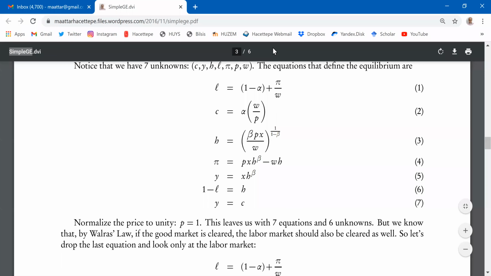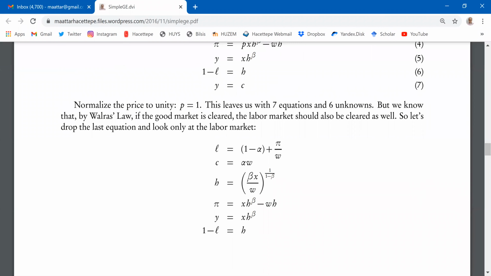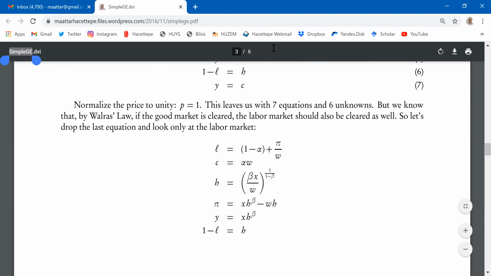So when I normalize price to unity, I put 1 in any place I see the price P. Then I drop the last equation, which is going to be automatically satisfied because of Walras' law.